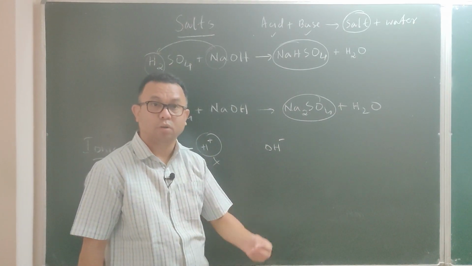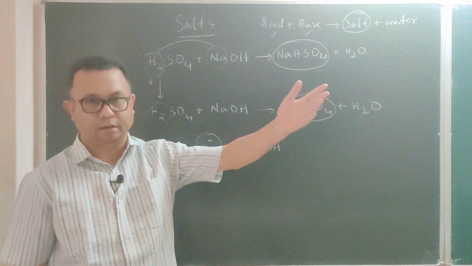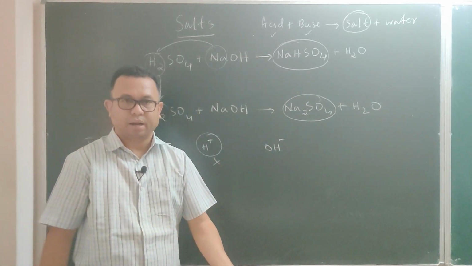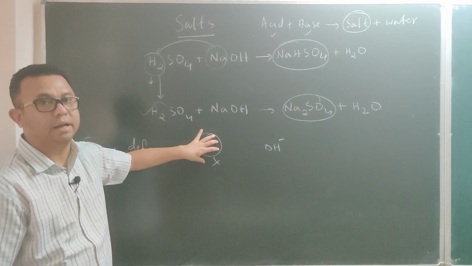So except hydroxyl, any anion you can think of. Similarly, other than hydrogen or hydronium cation, you can think of any other cation, but hydronium or hydrogen ion should not be there.